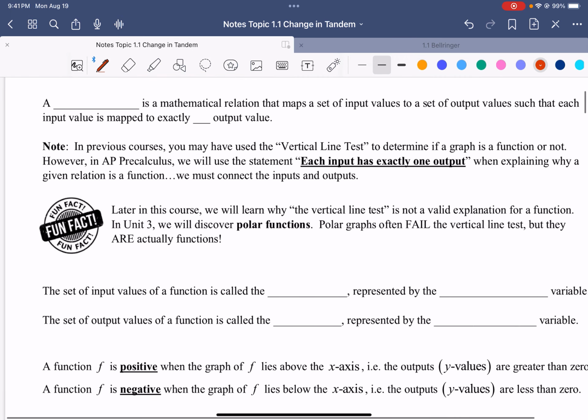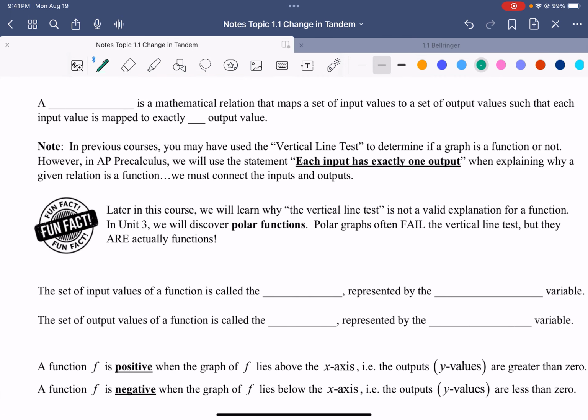To start off, a function is a mathematical relation that maps a set of input values to a set of output values such that each input value is mapped to exactly one output value. In previous courses, you may have used the vertical line test to determine if a graph is a function or not.